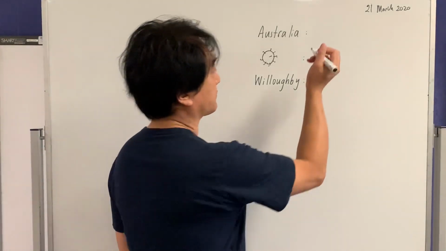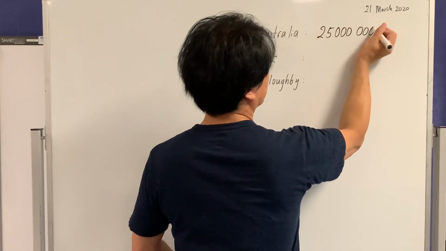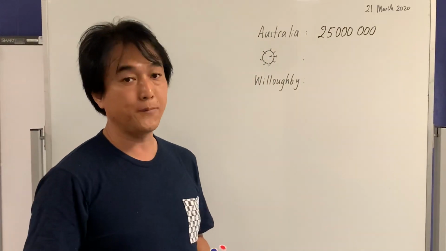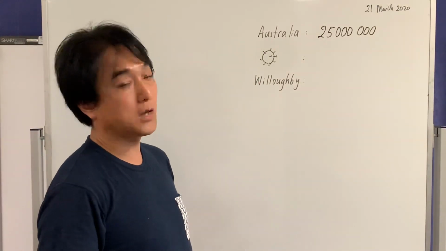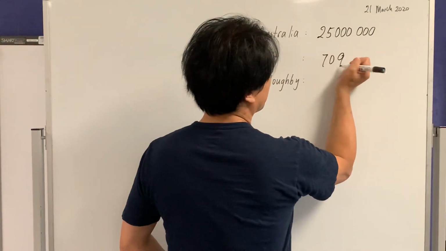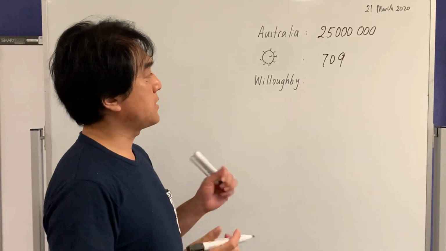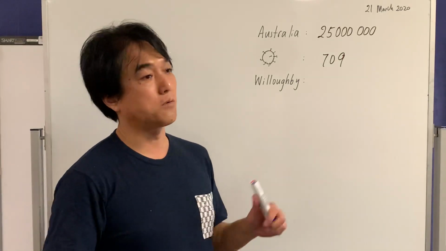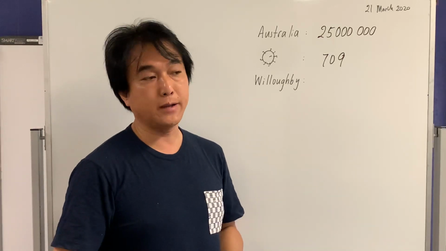So we have 25 million people in Australia, and according to the health department on the 21st of March, we have sadly 709 people infected. Now, my friend's worry is that maybe it's not 709, it's not accurate.